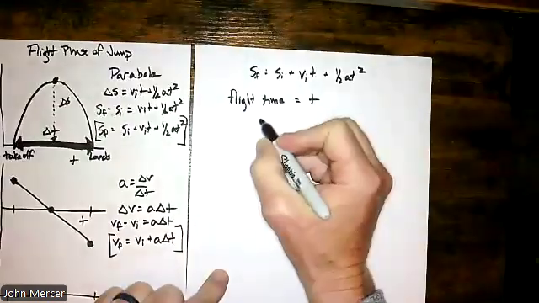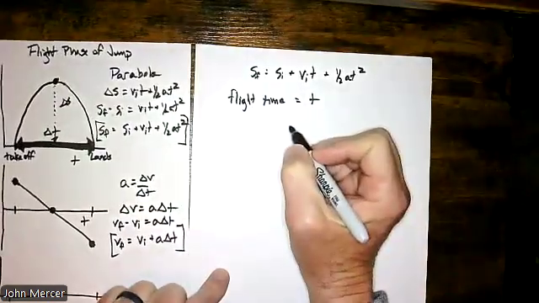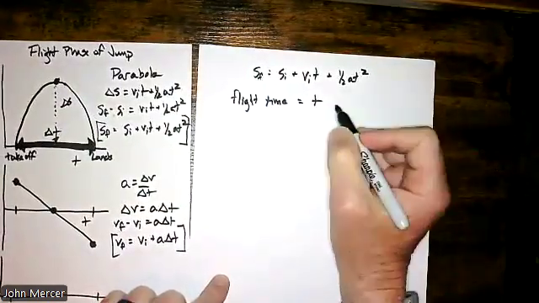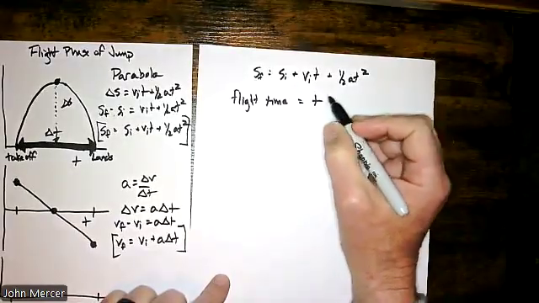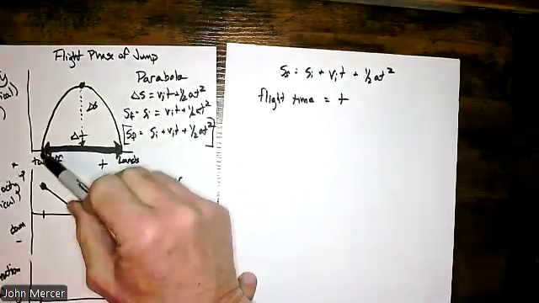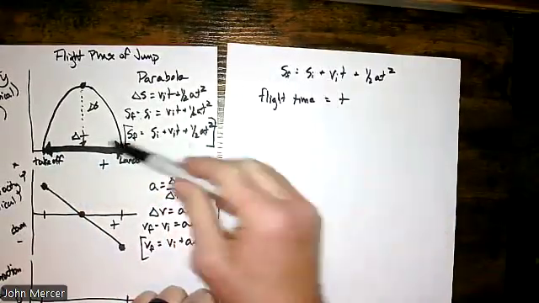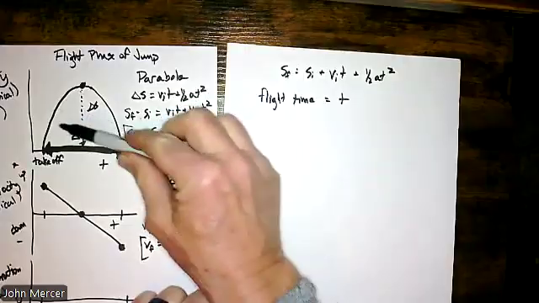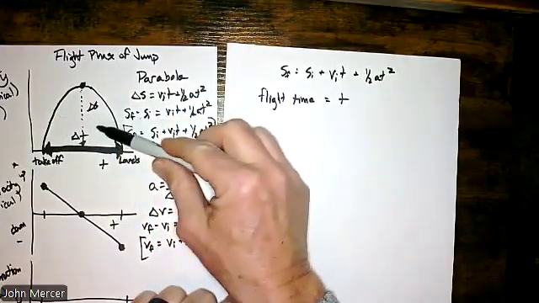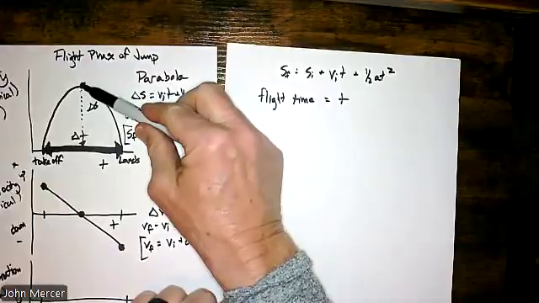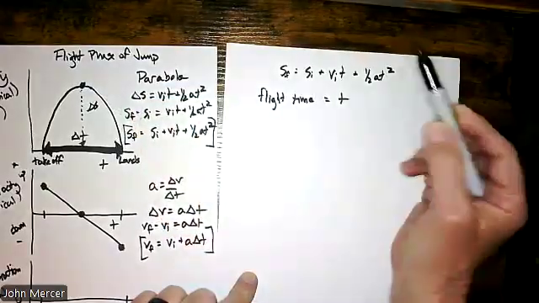Time equals T, but then we divide that by 2, or take half of that, when we are looking at the takeoff position and the landing position being the same height. Because this is very symmetrical, so whatever time happens here happens over here, and the apex of this is 0.